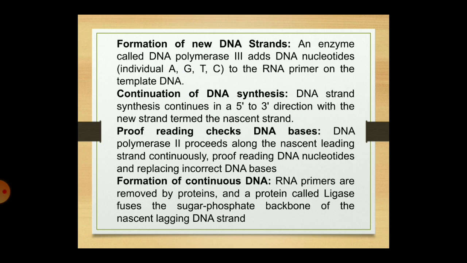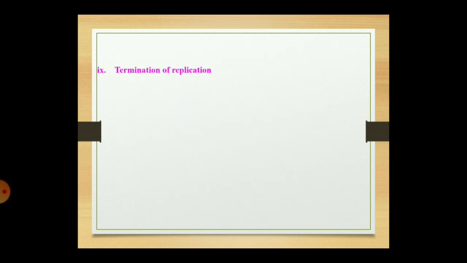The proofreading checks DNA bases. The DNA polymerase enzyme proceeds along the nascent leading strand continuously, and proofreading replaces incorrect DNA bases, giving the formation of continuous DNA. RNA primers are removed by DNA polymerase 1, and the protein called ligase joins the two DNA fragments.